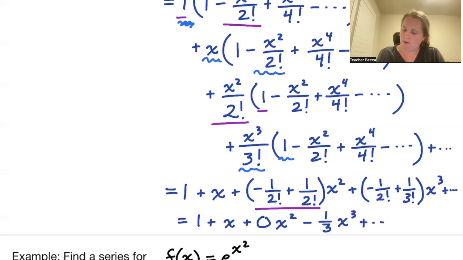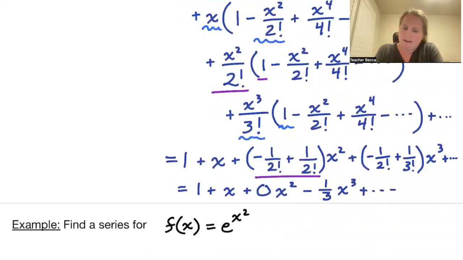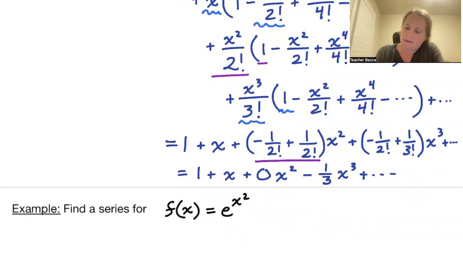And then we continue on from there. So again, color coding, that x cubed term came from my blue squiggly line terms or products.